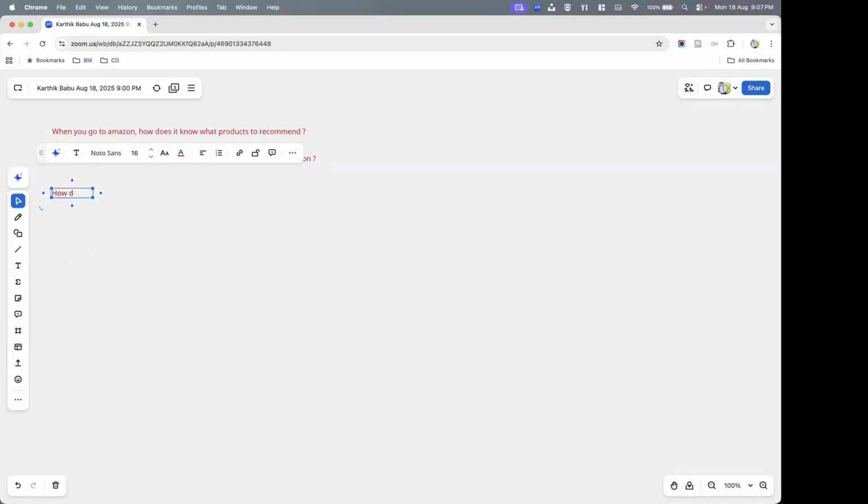How does a Swiggy or a Zomato decide which restaurants to show at the top? Have you ever asked this question, or tried to think about it? Now, the first question is, when you go to the Amazon application, you will see a lot of products getting recommended for you, and those are personalized products for you.